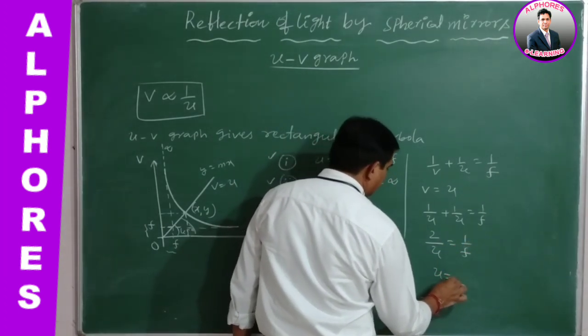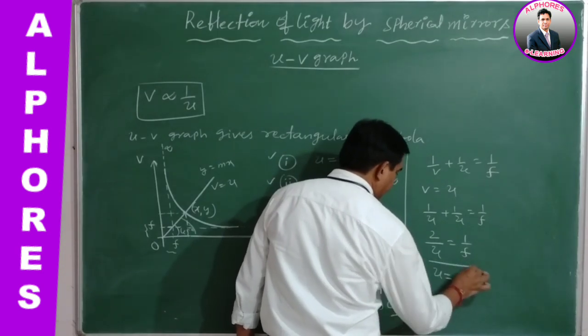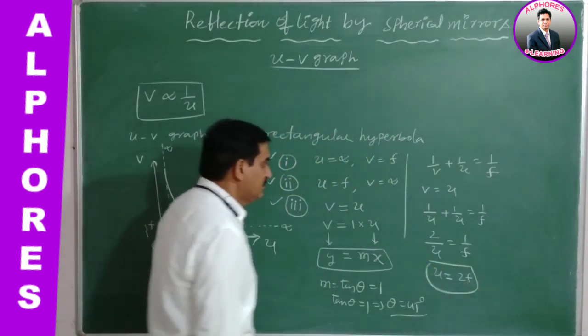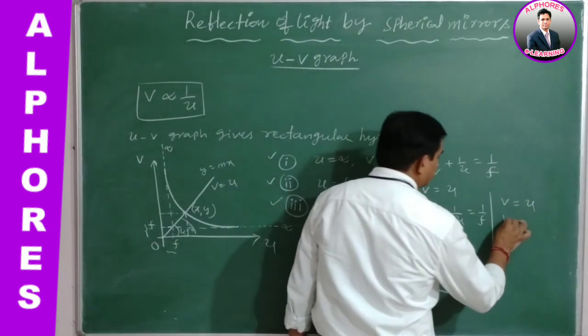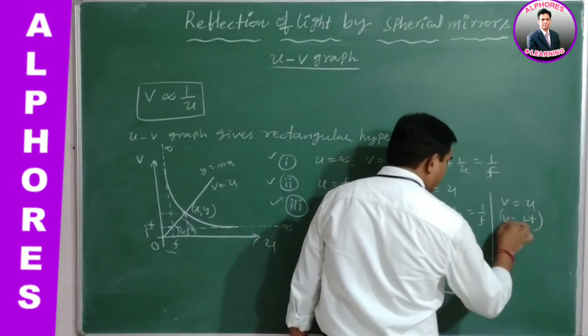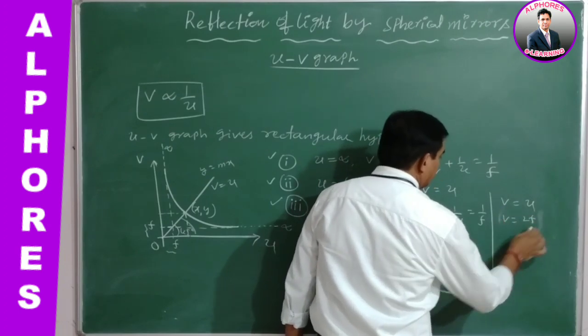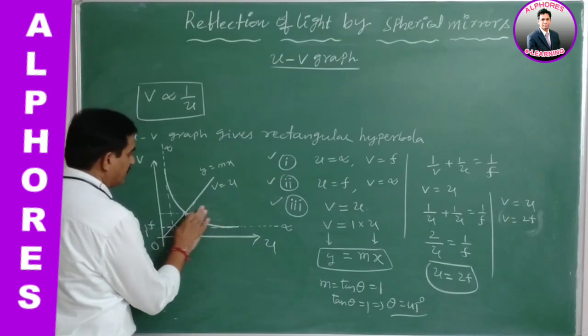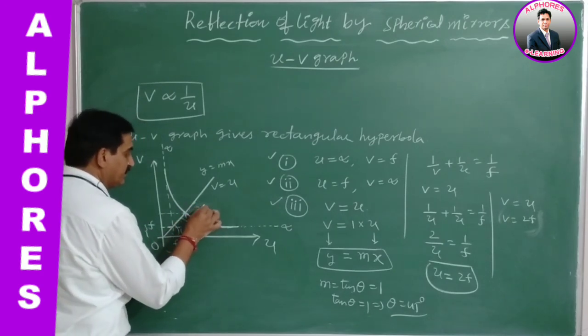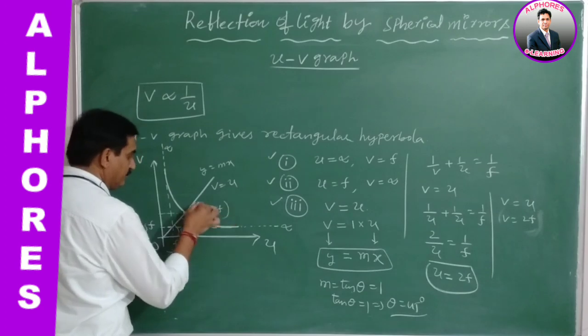Yes, u is equal to 2f. As v is equal to u, therefore v is also 2f. Therefore, finally these coordinates x comma y are u comma v, giving 2f comma 2f.